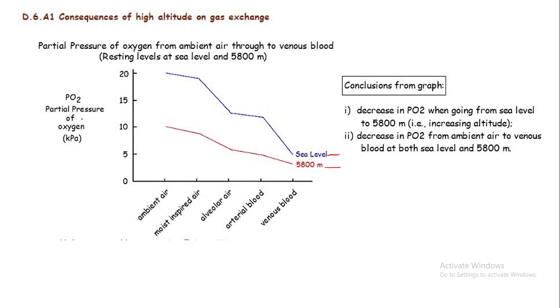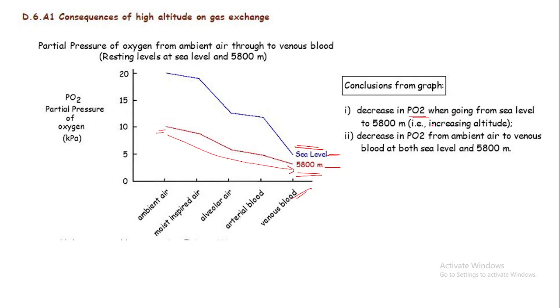What happens is, the partial pressure of oxygen is high at sea level, that is at normal ground. The pressure of oxygen is really low at higher altitudes. So what is going to happen? Gradually there is a reduction; you can see that the graph is getting lower, right? So the venous blood also has reduced oxygen levels. Now, conclusions from the graph: a decrease in partial pressure of oxygen when going from sea level to higher altitude.